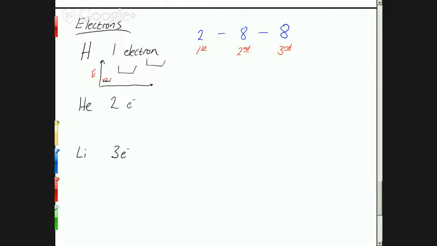Helium gets 2 electrons. So we can make our same little energy graph with our buckets. And where do the helium's 2 electrons go? Yeah, first bucket. And then we'll move on to lithium.